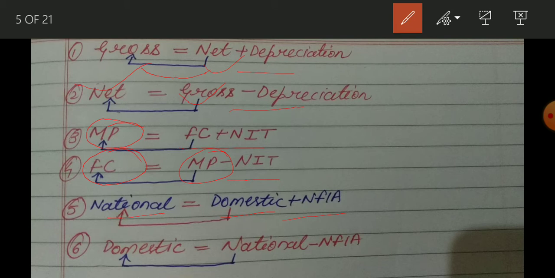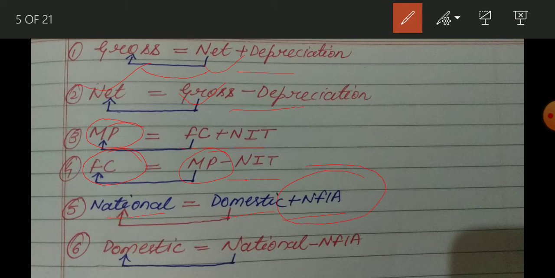Why? Because domestic income is only related to factor income that is earned within the domestic territory. On the other hand, national income is related to the sum total of factor income that is earned within the domestic territory of a country plus outside the country. So for that we add NFIA.